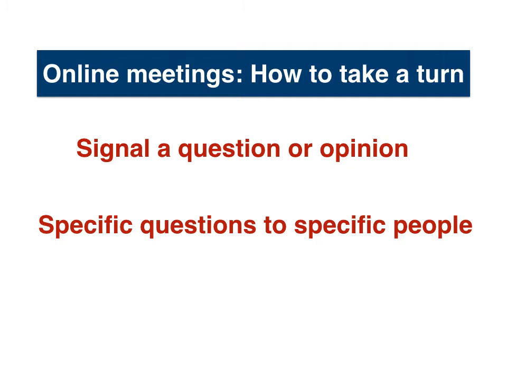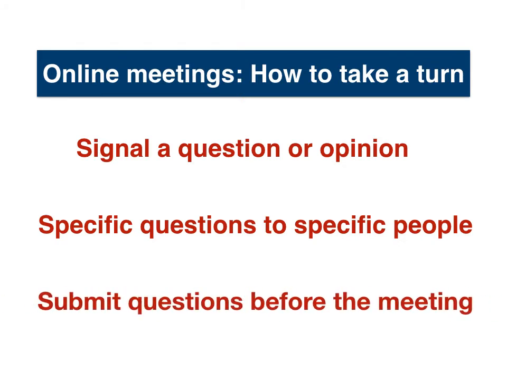It can be more effective to ask a specific question to a specific person. For example, Charles, do you have an opinion on this? Or Laura, could you comment on this data? It's very important that the facilitator explains these ideas and models them too. It's also a good idea to submit questions before the meeting.